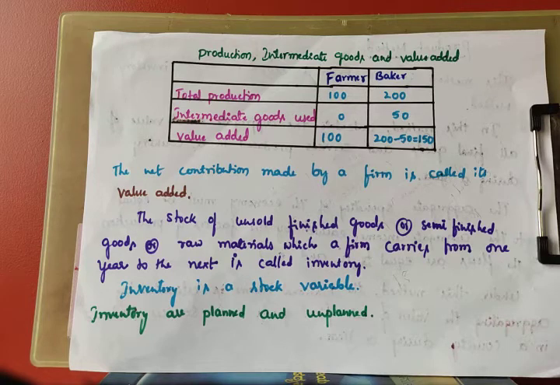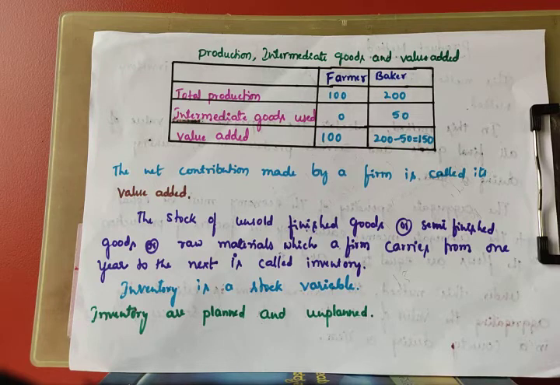In the inventory we can see planned and unplanned. Inventory means unsold finished goods. Sometimes it depends upon the demand and supply. If the demand is more, goods are completely sold out. If there is no demand, we keep stock, called unsold finished goods. Why are we keeping stock in the godowns?